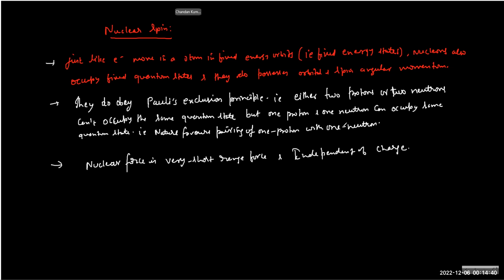So nuclear force is a short range force and it is independent of charge. So no matter how much charge is there, nuclear force will hold all such nucleons together. Understood? And it is much bigger than the Coulombic repulsion. So we can say the nuclear force is a mysterious force which is much more powerful than Coulombic repulsion. So you can just mention this also as a point.